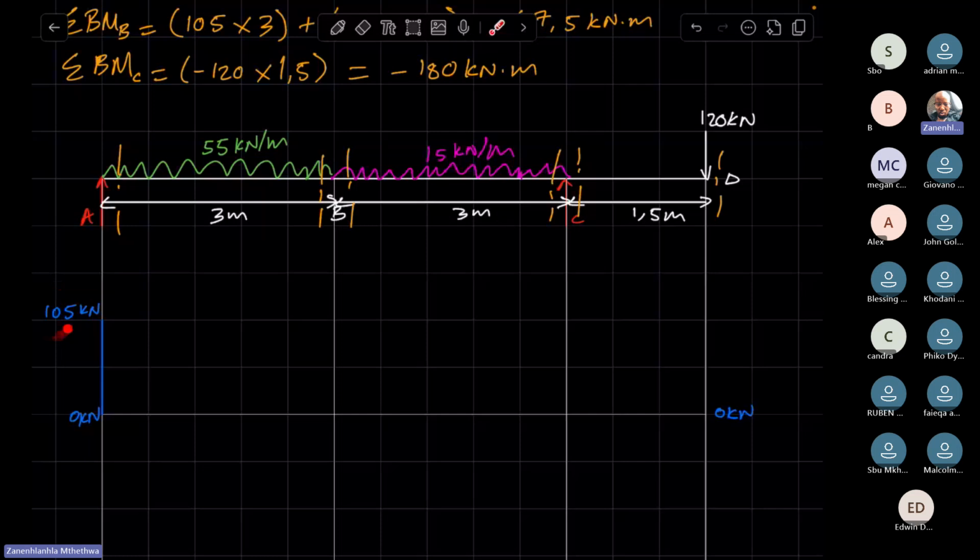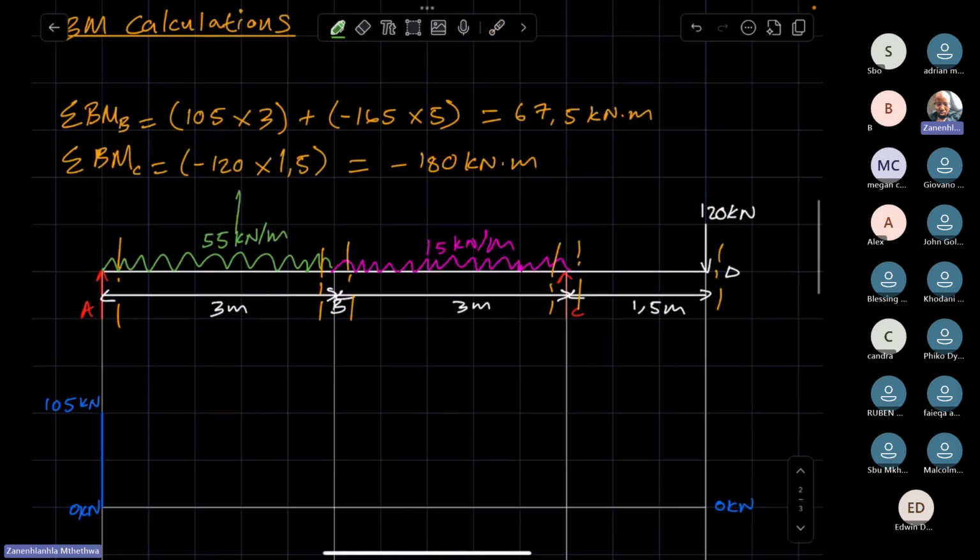What are the forces to consider between the two sections? That will be the weight of the UDL. You consider the whole span of the UDL, because the critical point we are looking at is such that we consider the entire span of the UDL. When we do that, we already know that you are going to get 165.